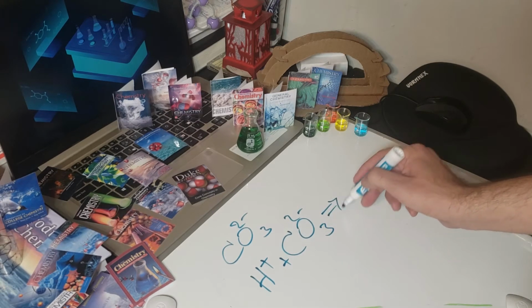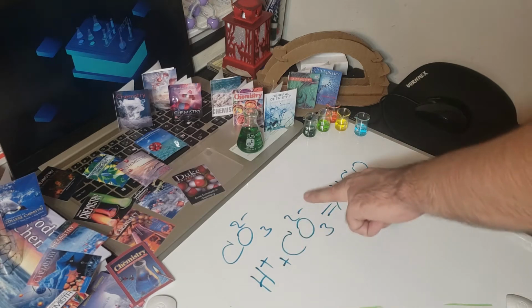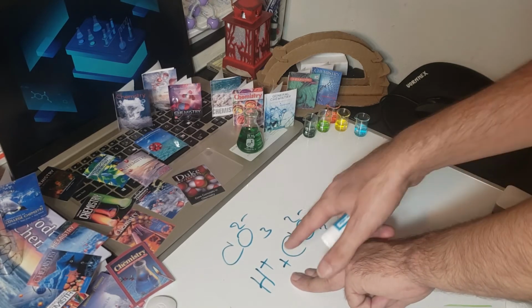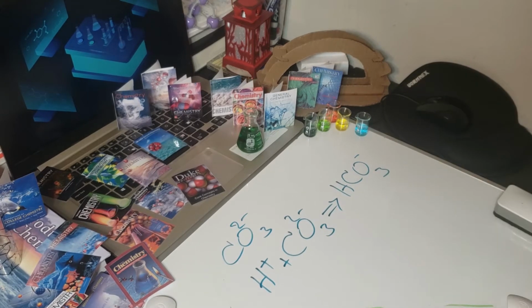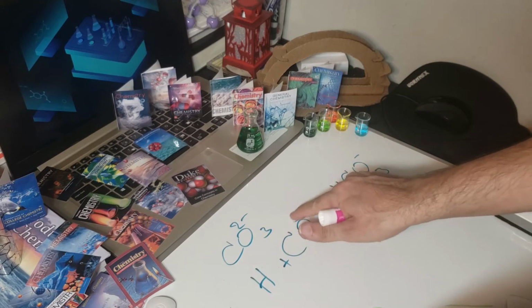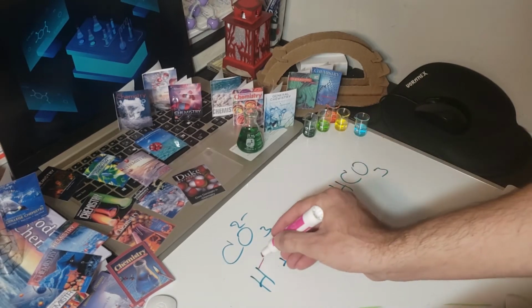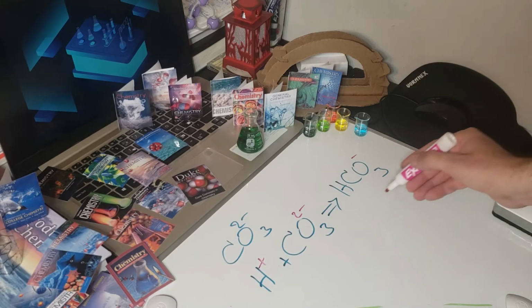It would give you HCO3. Now you just change the charge when you attach them, okay? +1 minus 2 would be -1. So that's the only thing that changes when you add protons, okay?